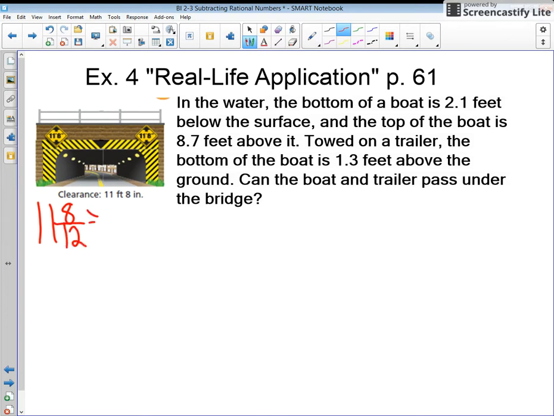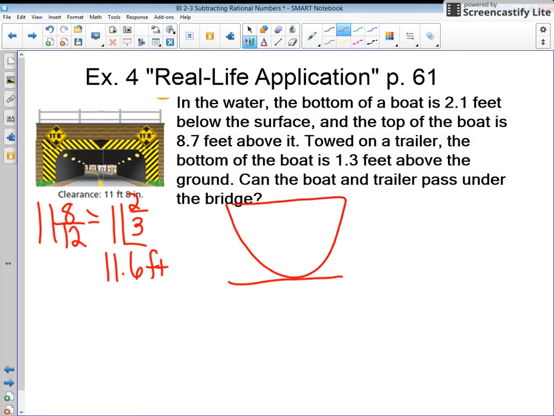If I wanted to reduce that, divide by 4, I get 11 2/3, or 11.6 repeating. So as a decimal, the boat has to enter into this bridge, which is 11.6 feet. Now it says in water, the bottom of the boat is 2.1 feet below the surface. The top of the boat is 8.7 feet above surface.